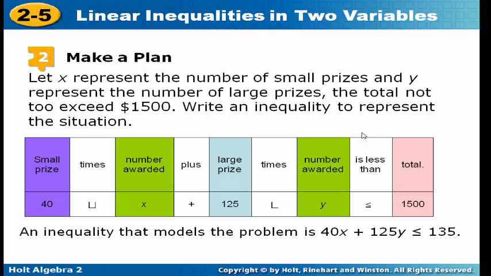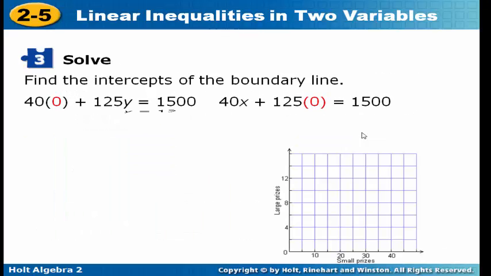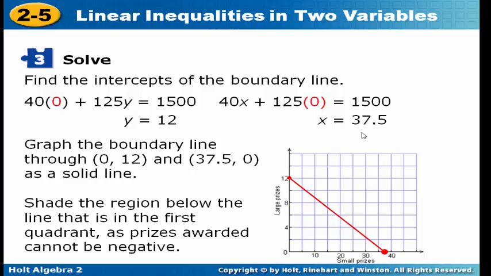So the inequality is 40x plus 125y smaller than or equal to 1,500. Now it's easy: find the x-intercept and y-intercept, plot them on the graph and match. Check any point up, any point down, and shade the region.